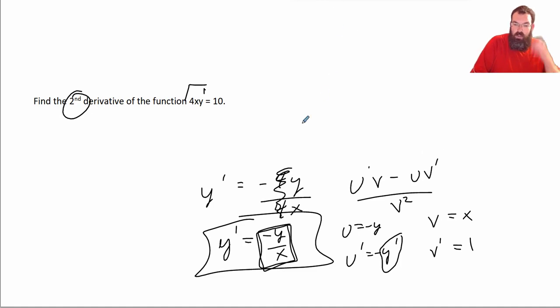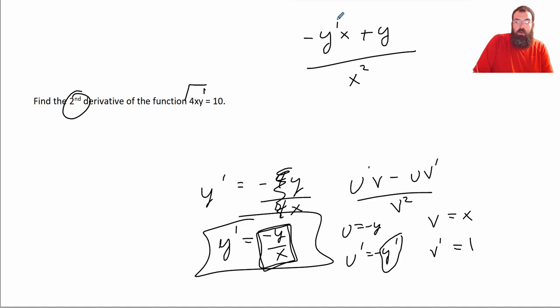So let's find the derivative of this, which is u prime, negative y prime, times v, x, minus v prime u, which is actually a plus, and then a y, so that's really easy, over v squared, which is x squared. But wherever this y prime is, I have to plug in negative y over x.